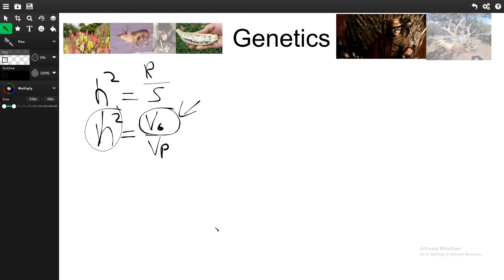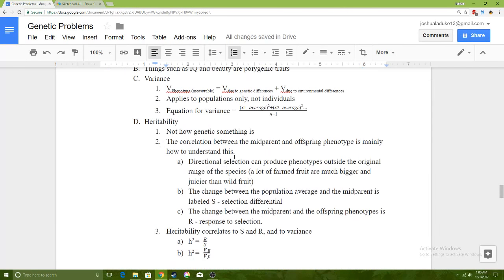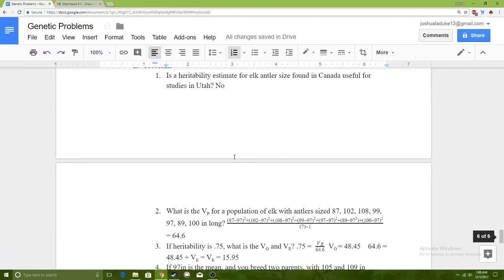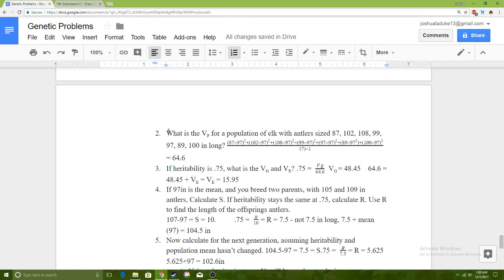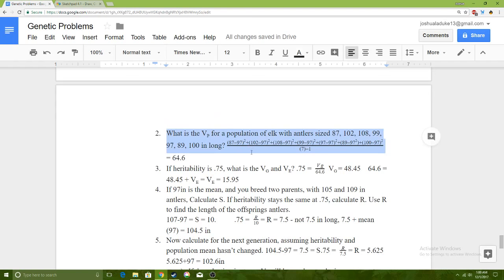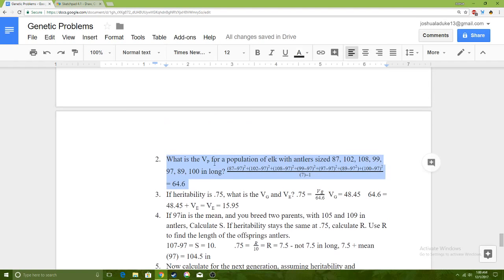So, moving on to something a little bit more complex. I'm going to go back to my outline here, and we'll just read it straight from here. What is the phenotypic variation for a population of elk with antlers sized 87 inches, 102 inches, 108 inches, 99 inches, 97 inches, 89 inches, and 100 inches long?